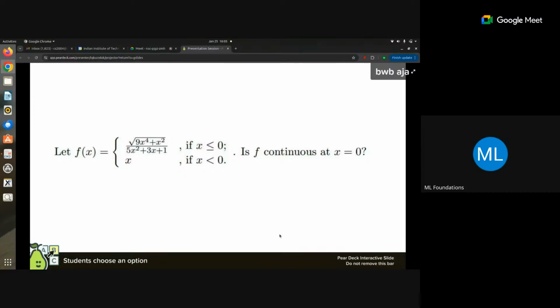It should be if x is greater than 0, then the function will take value as x. Just ignore that mistake. And is f continuous at x equals 0? That is the question. Take maybe 1 or 2 minutes to solve, and then we'll discuss the problem.